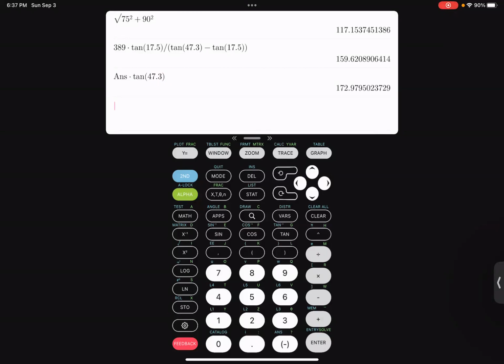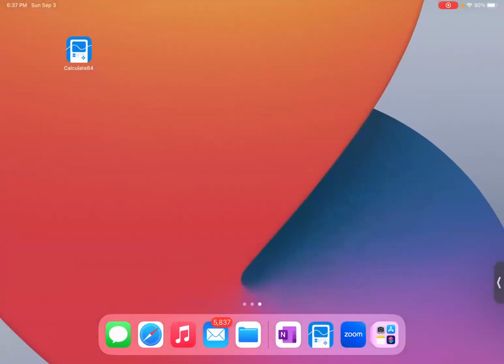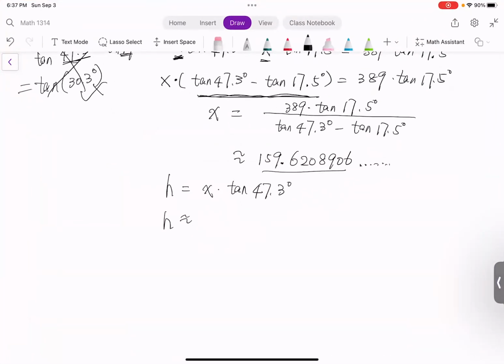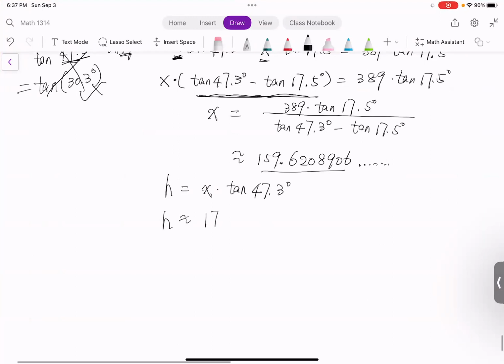Okay, let's put h here. We're having 172.9795024, and we need to keep 2 decimal places. So the third one is 9, which is greater than or equal to 5.